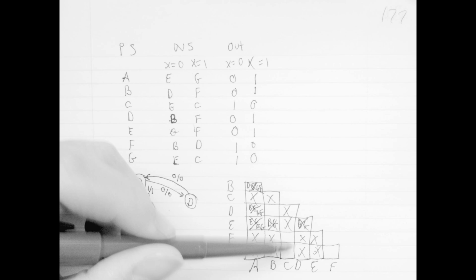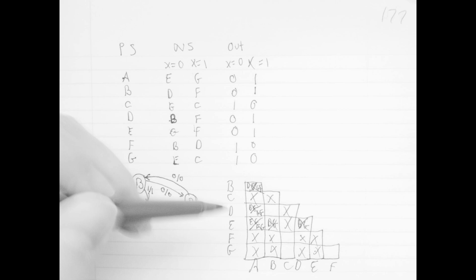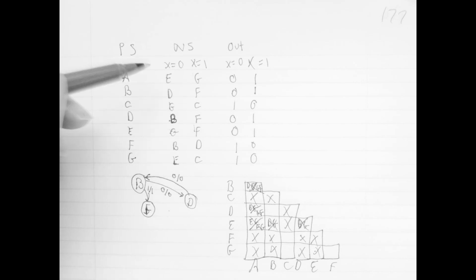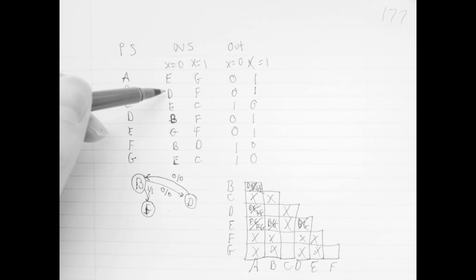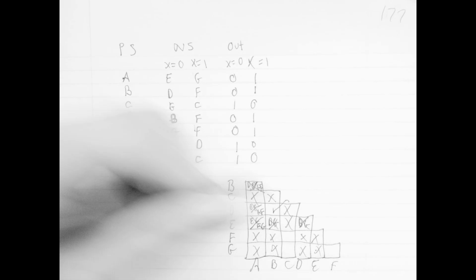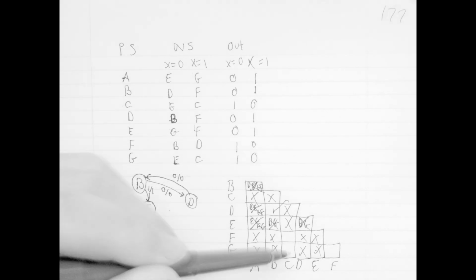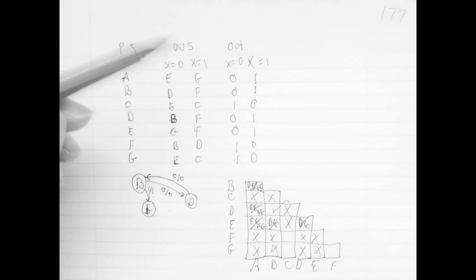Let's do B to D. B to D, that's a good one. So BD is D to B. Well, that's the same. And F to F, so that's trivially identical. How about C to F?